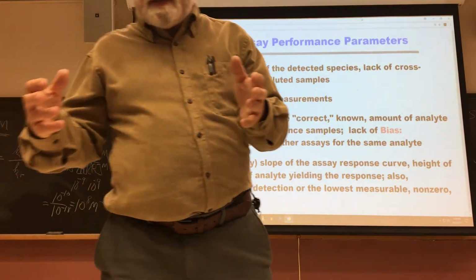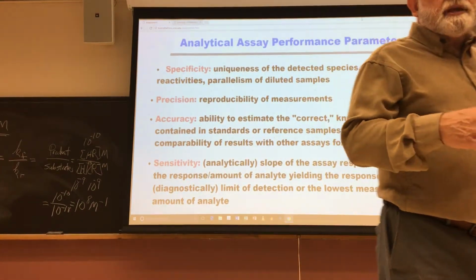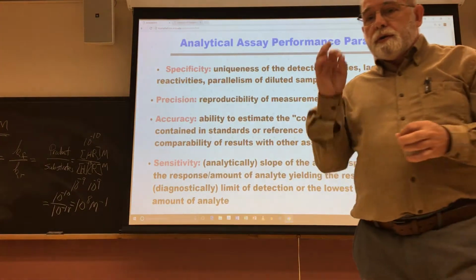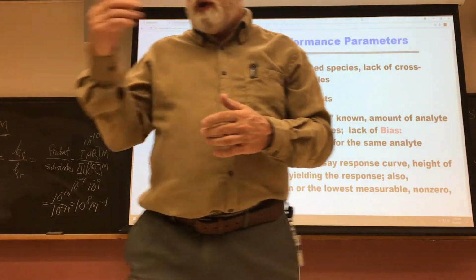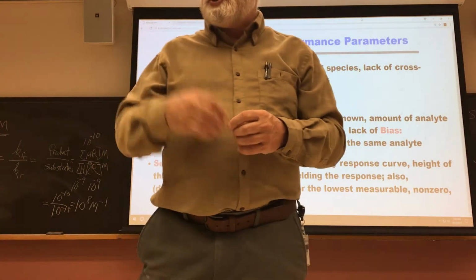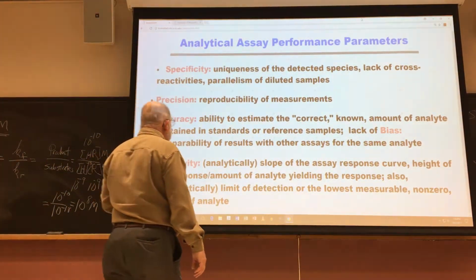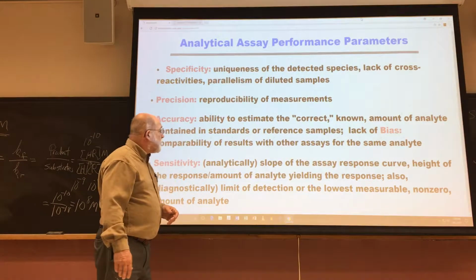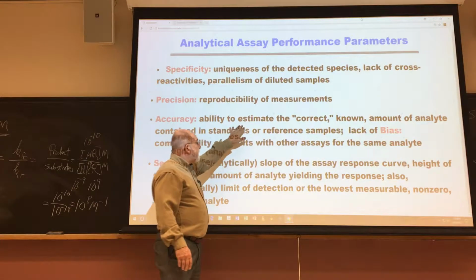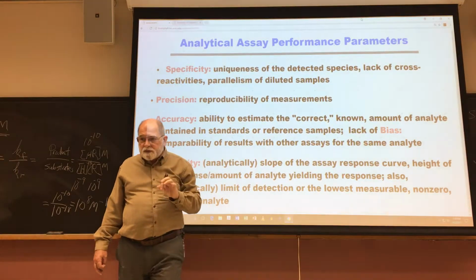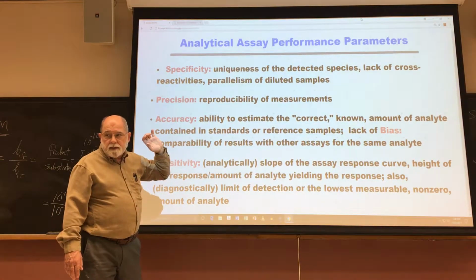With steroid samples that have somewhere been measured by another means, say mass spectrometry, where you know that you're dealing with a pure material that you can weigh out on a scale, that you can dilute down in a serial dilution and use as your standards in your immunoassay. If you're finding that you're estimating the correct amount under those circumstances, then you have an accurate assay.